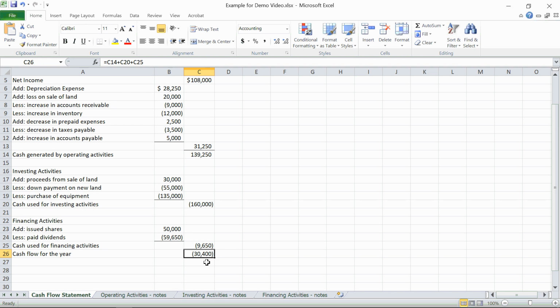So if I now add my beginning cash balance to that, so the year end here is May 31st, 2014. So the beginning cash balance was May 31st, 2013, and from the balance sheet it was $43,000.